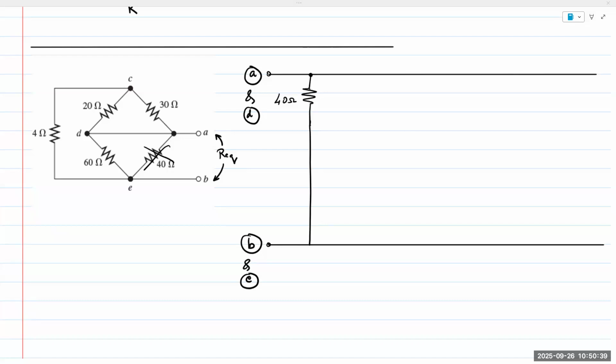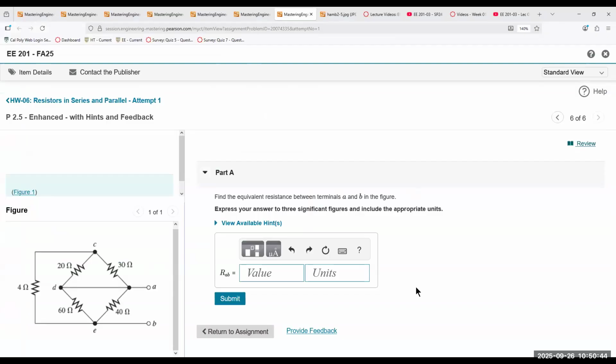Let's go back to that question. Yeah, only between A and B. That's the only question. All right, so 40 ohms is done.